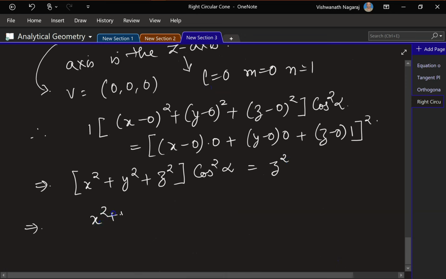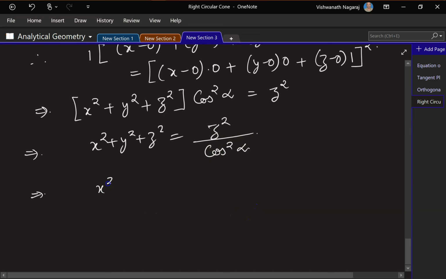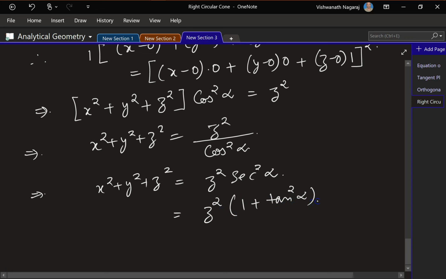Now x square plus y square plus z square is equal to z square by cos square alpha. Okay. 1 by cos square alpha is sec square alpha. Now sec square alpha can be written as 1 plus tan square alpha, right?